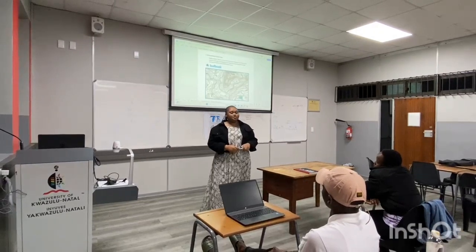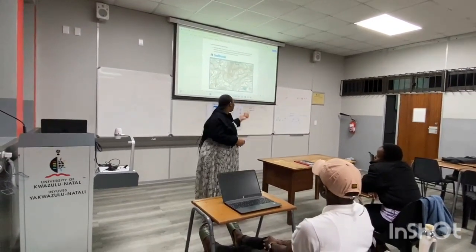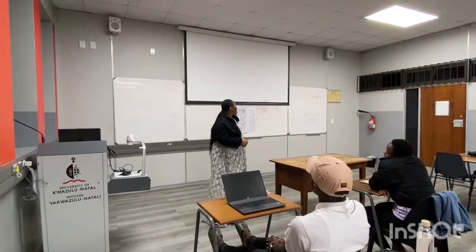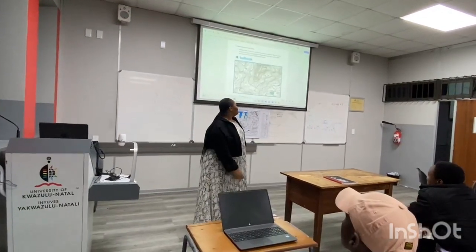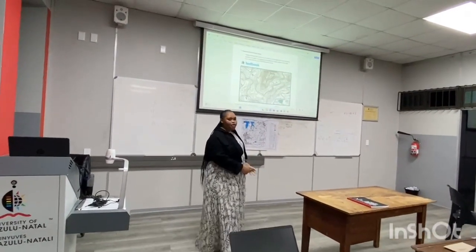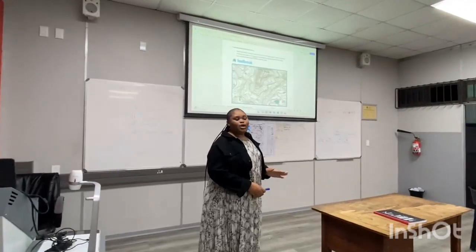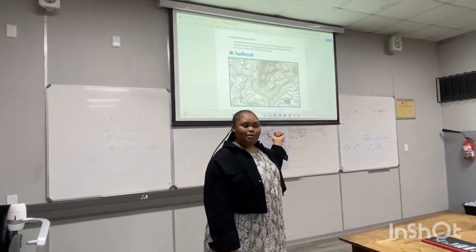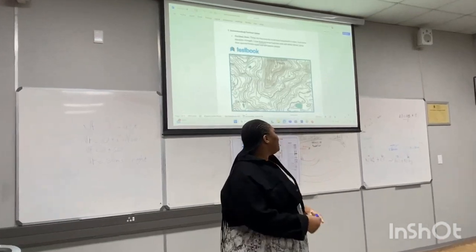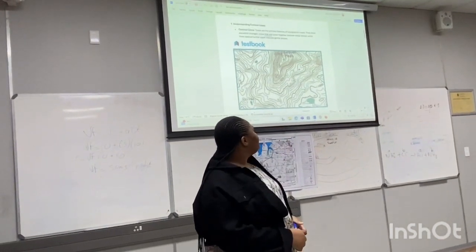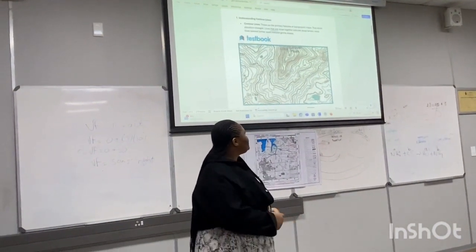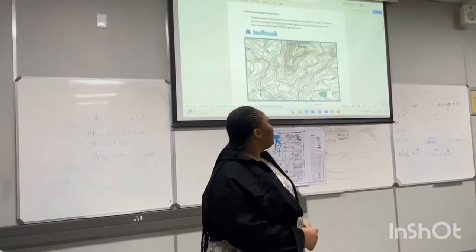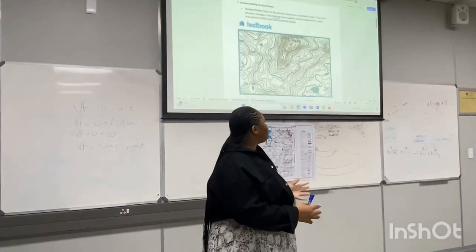So firstly, the first feature that we look at is contour lines. Contour lines we can describe as a common feature of a topographic map, as I have said and as you have seen in the video that Mr. Shabalala has played for you. Contour lines show elevation changes, and lines that are close together indicate steep terrain.